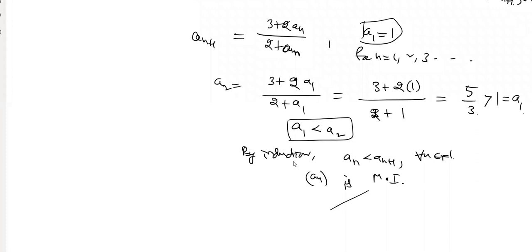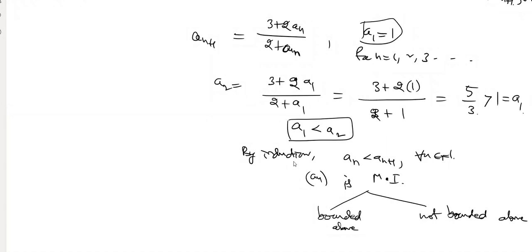So there are two choices. Either it is bounded above, or not bounded above. There are two options for the sequence. Suppose it is bounded above; once you prove that, automatically it is convergent by the monotone convergence theorem.